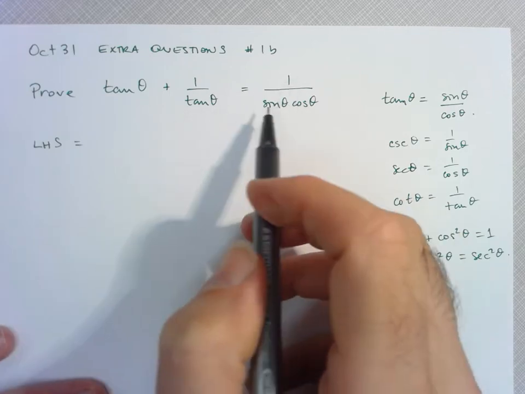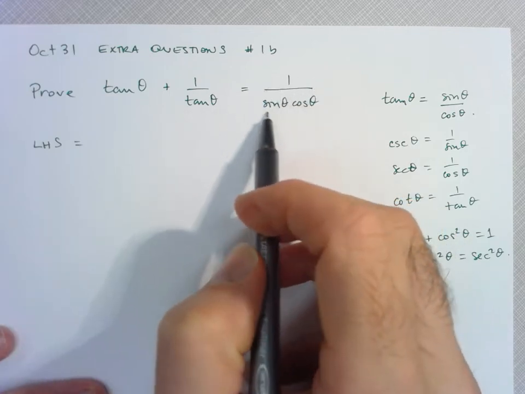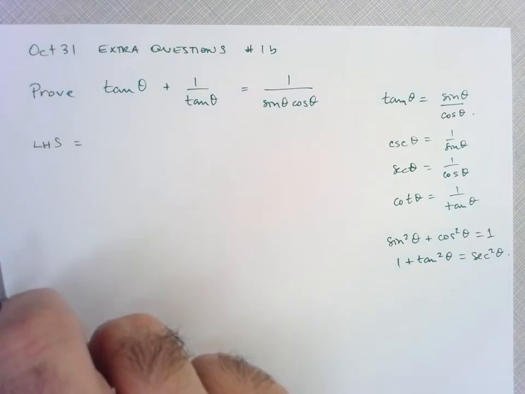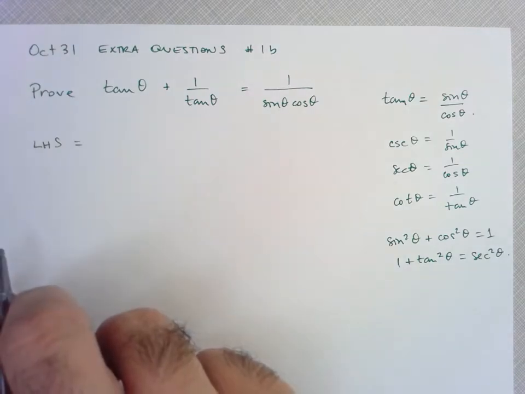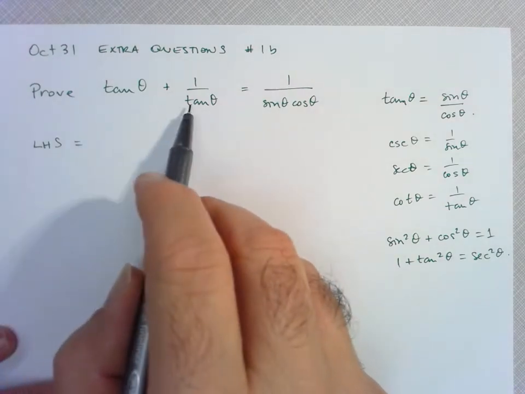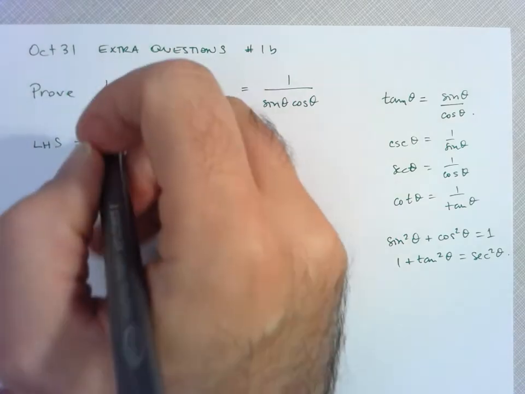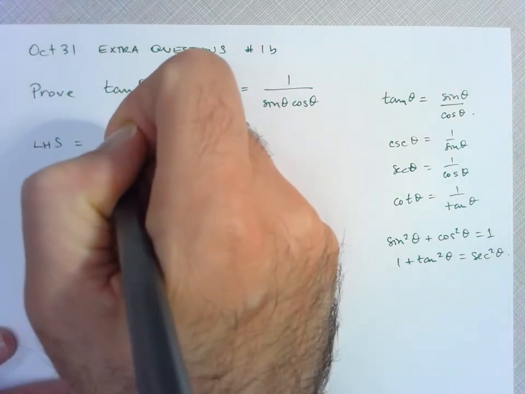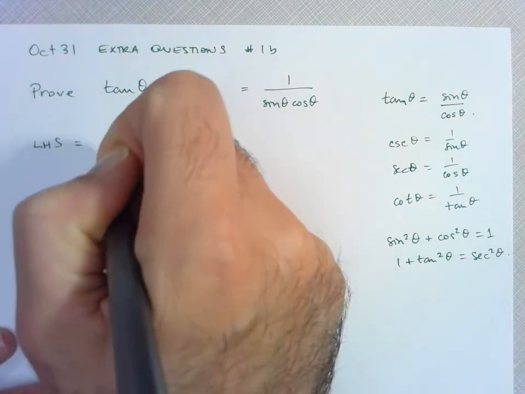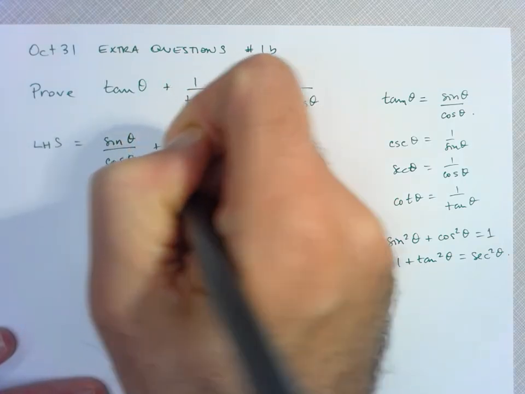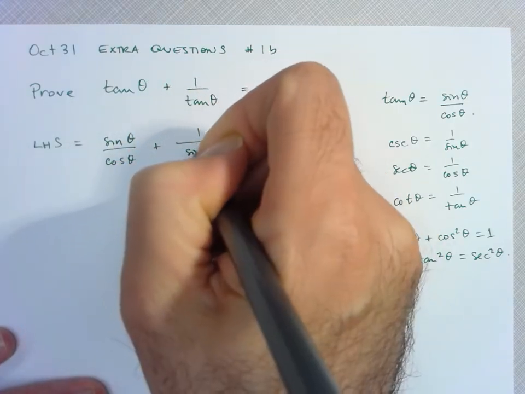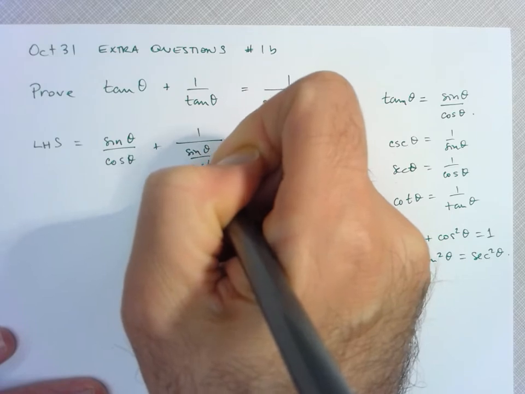Okay, as I notice here on the right, I'm trying to come up with something that only has sines and coses. So my first thought is, well, let me just change these tangents into sines over coses. So this is sine theta over cos theta, okay, plus 1 over sine theta over cos theta.